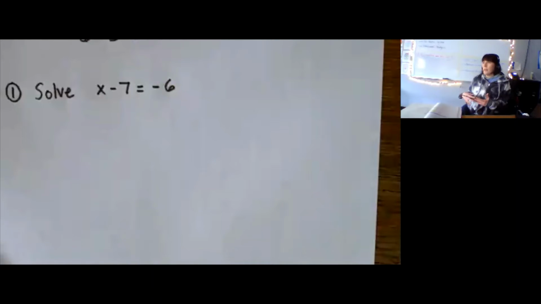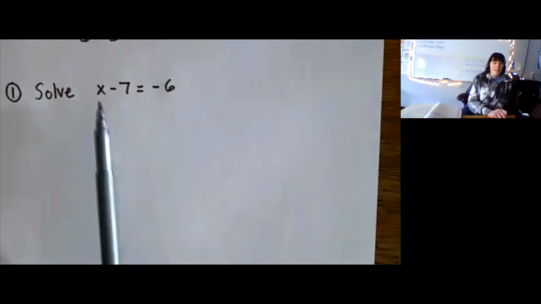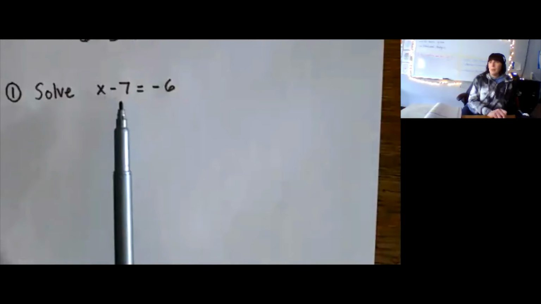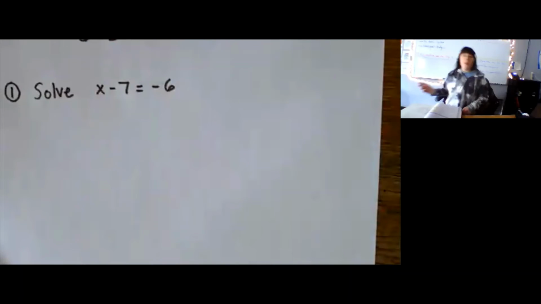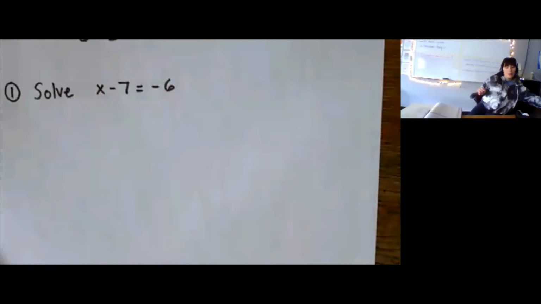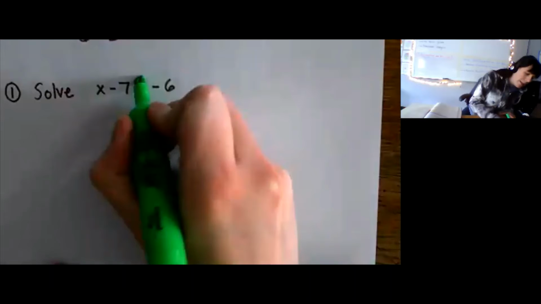We can look at this, and this is kind of one of those easier problems where you can say, okay, I have to have a number that I'm taking 7 away from, and whatever that number is should give me negative 6. The additive property of equality says that if I add a number to one side of the equation, I need to add it to both sides of the equation. So we're going to go ahead and split this equation in half from the equal sign, and that will make it a little bit easier.